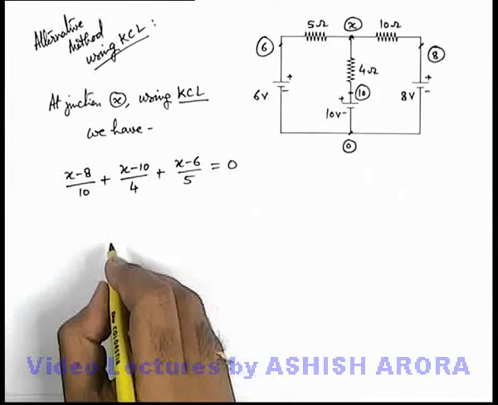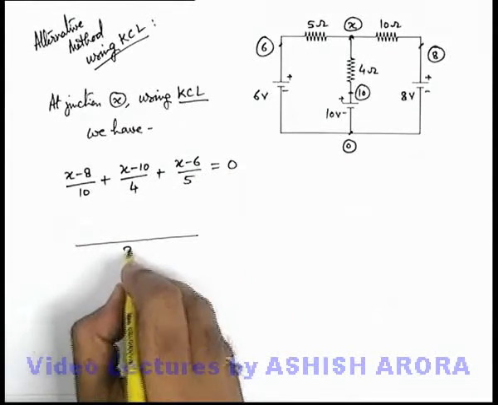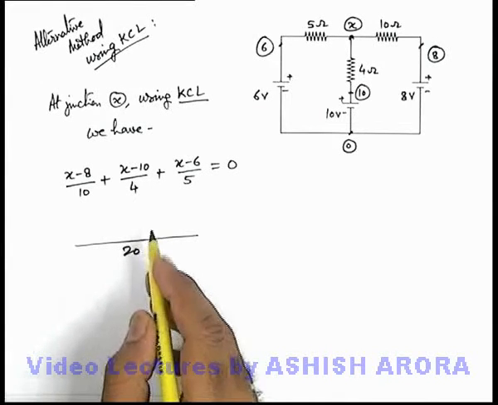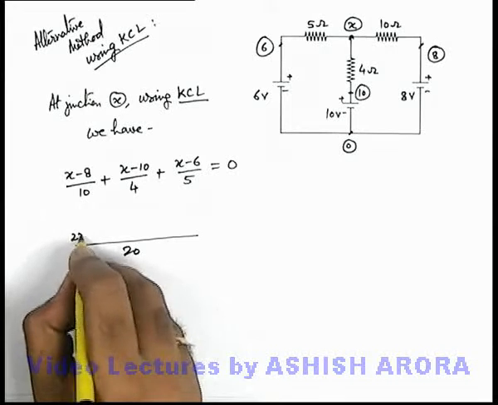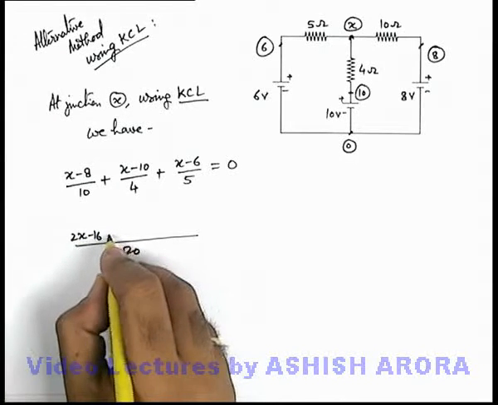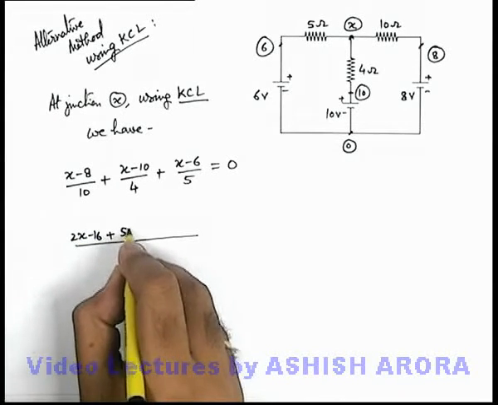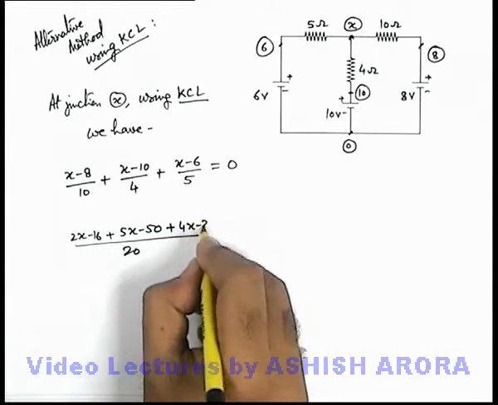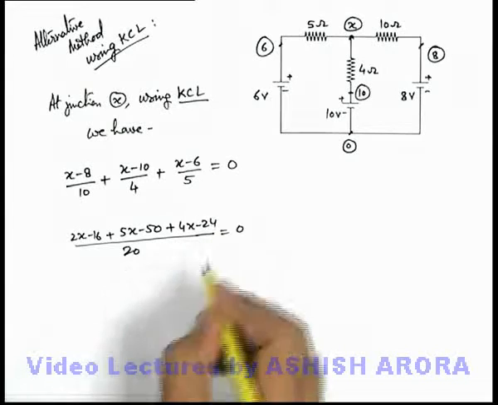We just simplify it here. We can take the LCM to be equal to 20, and on simplifying, this will be 2X minus 16 plus 5X minus 50 plus 4X minus 24, which should be equal to 0.